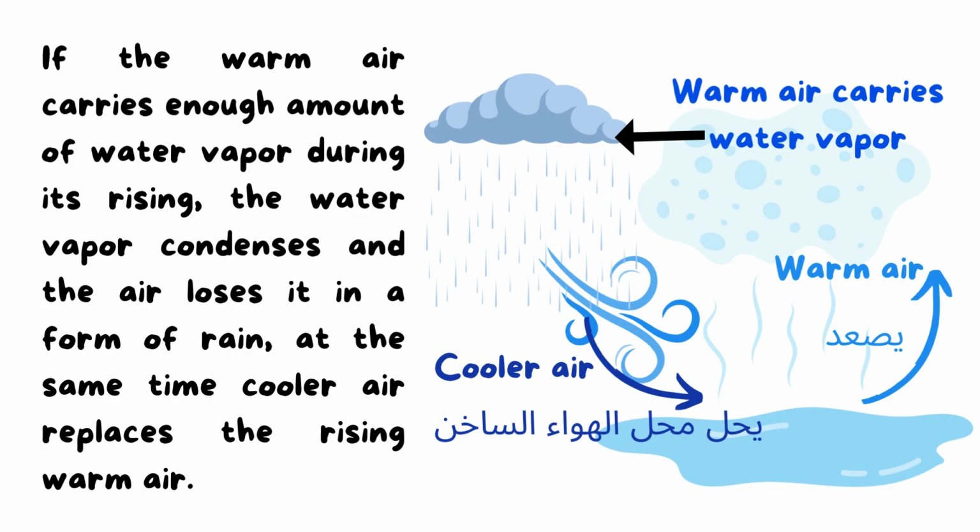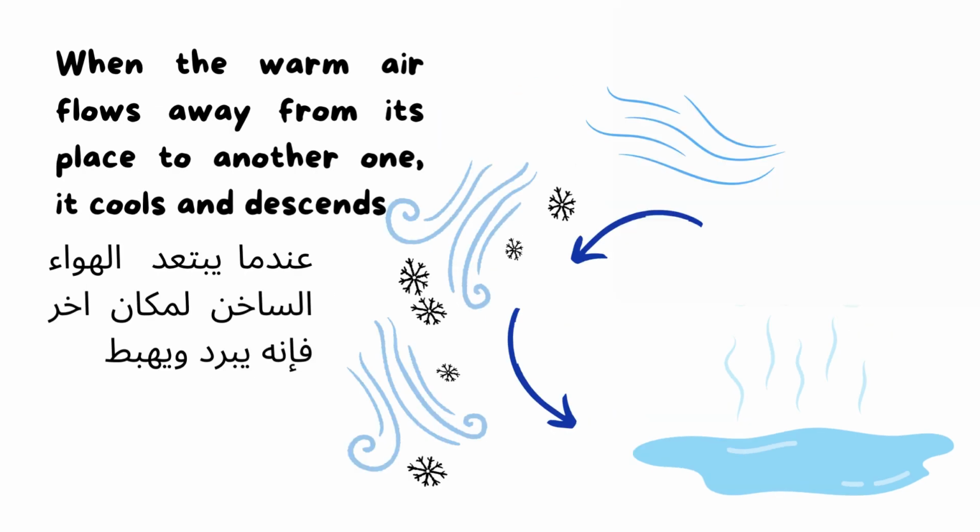Then what happens? When the warm air flows away from its place to another one, it cools and descends, which means it falls down.